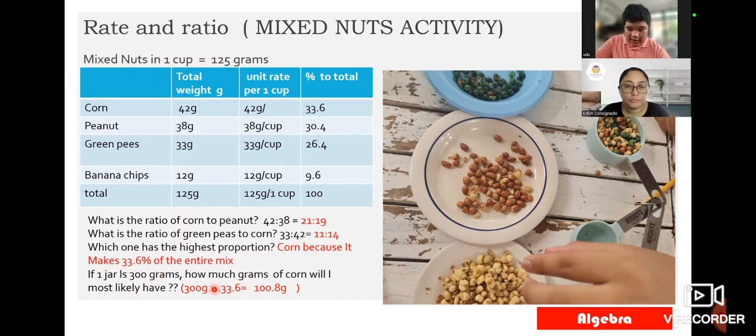I did 300 grams times 33.6%. Then I got my answer. The corn in the jar weighs around 100.8 grams.